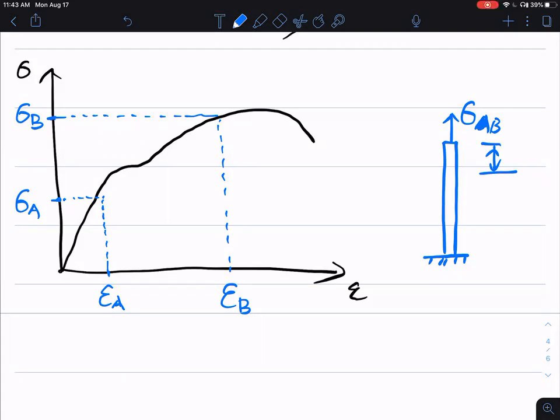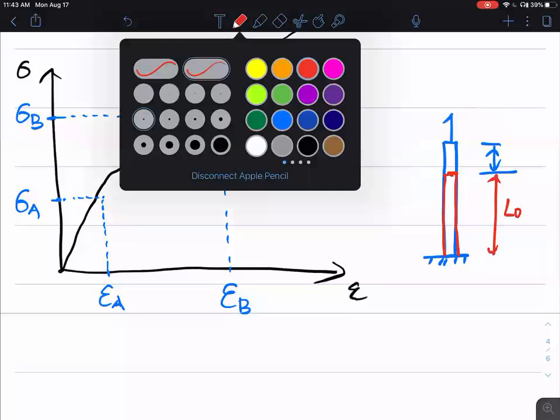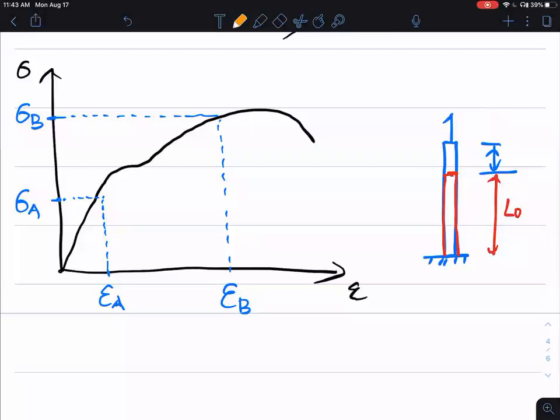At this point, if I release sigma B, it can go back to, let me draw. If this is the original length, if I release this stress, in a different color, it will go back a little bit.